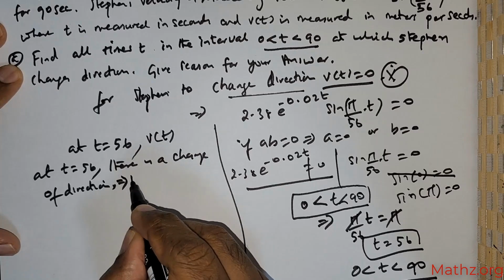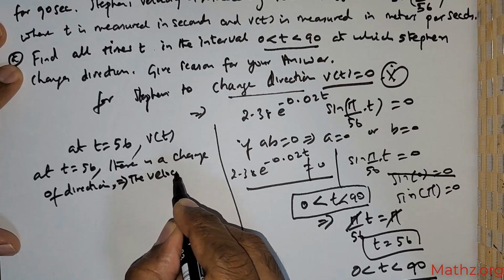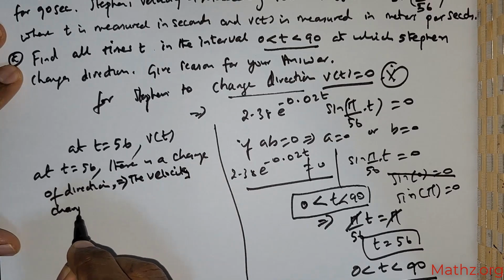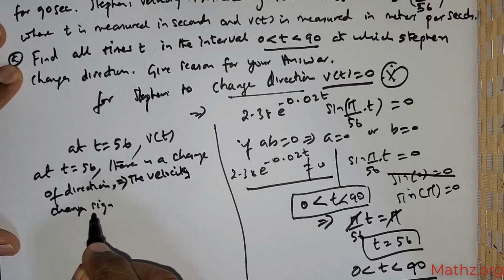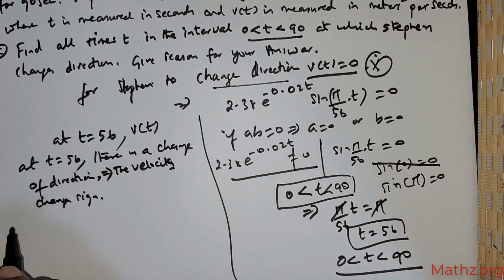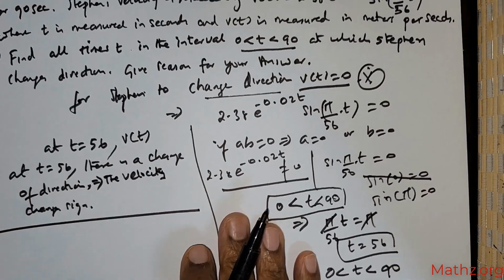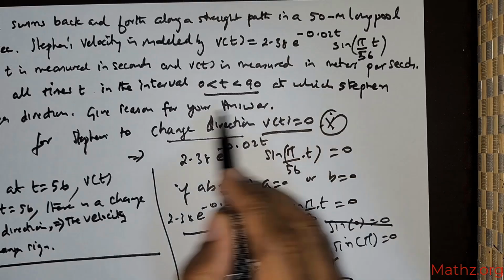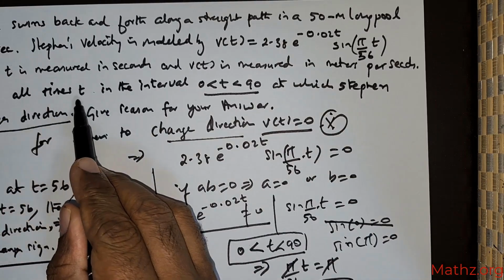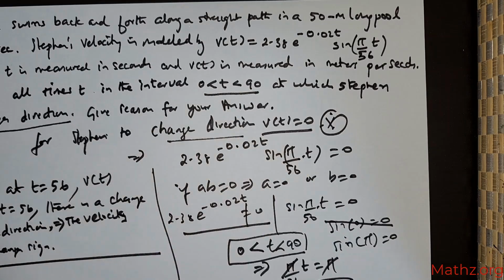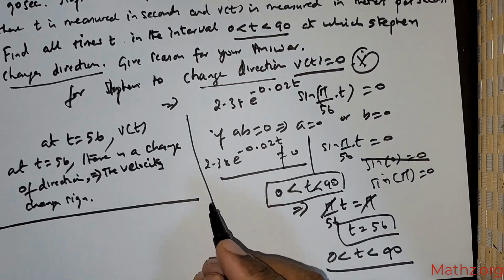So this means the velocity changes sign. Okay, now just to add an extra layer of protection, you can take this clue here: at which Stephen changes direction. So they want us to find all t, which we have found in the interval 0 less than t less than 90, at which Stephen is changing his direction.